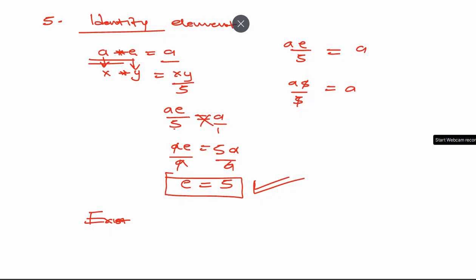Okay, let's go ahead now and talk about the inverse. As usual, we said the inverse is given by a star b is equal to e, where in this case we say that the inverse of a is actually b. So in our case, we already have the expression x star y to be xy over 5. What we are going to do is very simple.